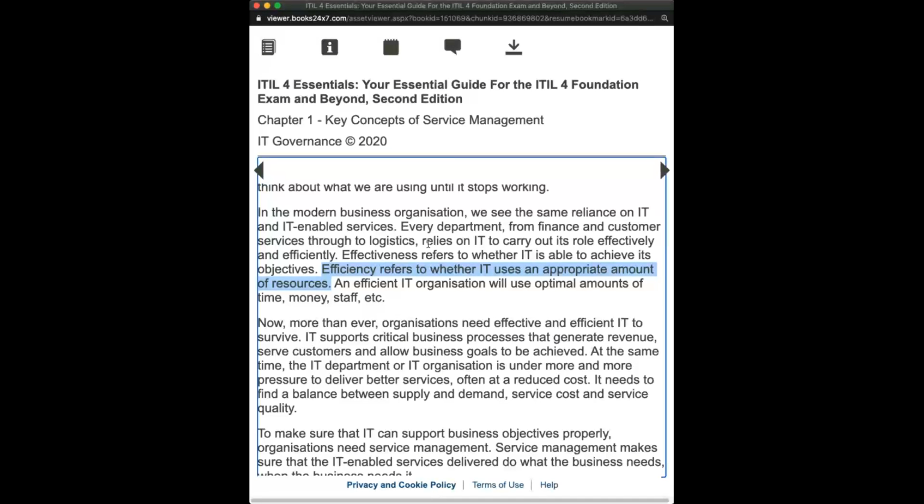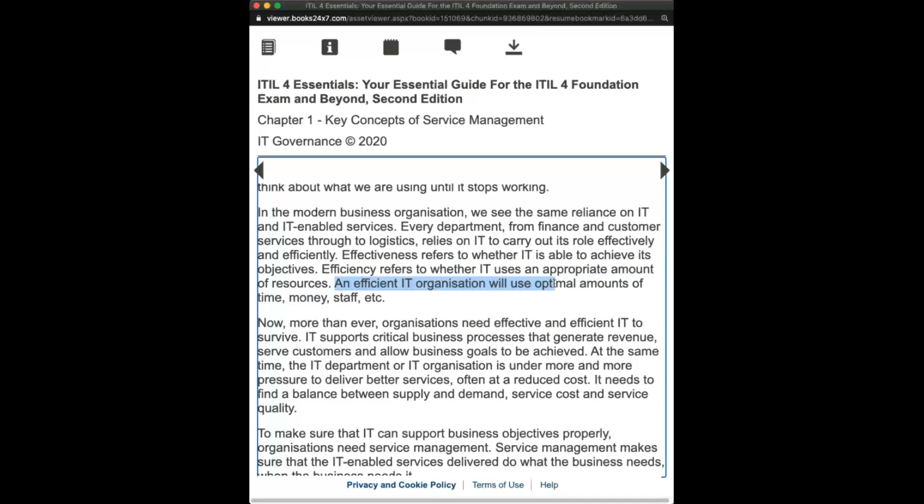But if you end up wasting a lot of resources, that is also not an efficient IT service, right? You still want to spend a low amount of resources, as much as possible, to have a great IT service.